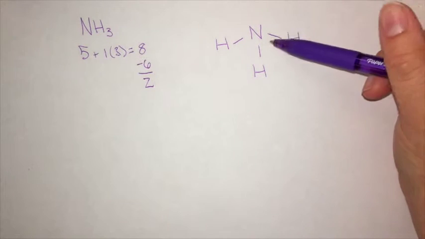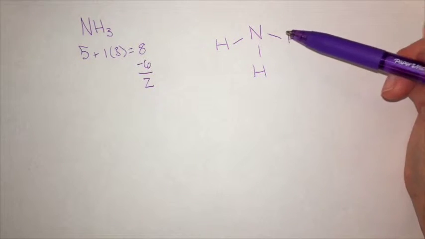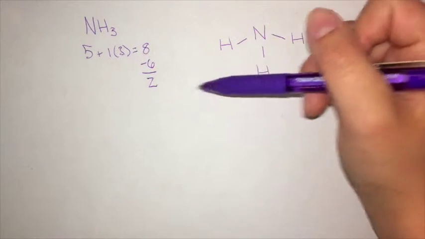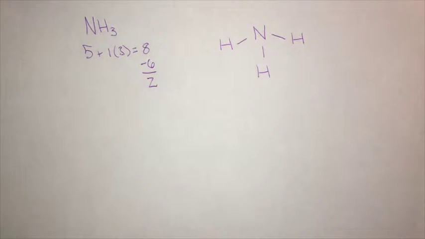Nitrogen is not an exception though. So we have 6 valence electrons on nitrogen right now, and we have 2 left over. So we can go to step number 5 now.